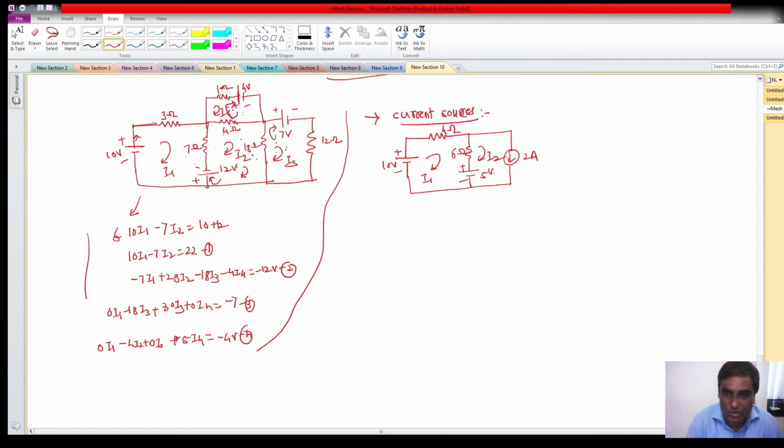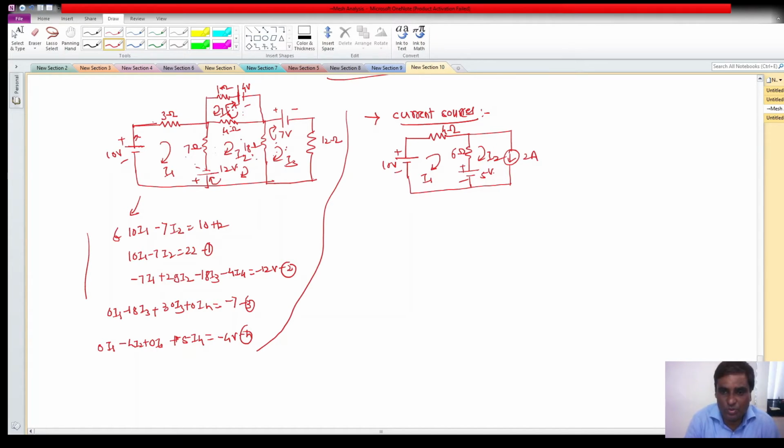Now it has been asked to calculate the currents in all the branches. Observe that there are 2 meshes. Now here you observe that a current source is present, so don't directly go and convert the current source into a voltage source. Now here your problem has become very simple. You see that the current source is present in the outer mesh. So ultimately you know the mesh current too.